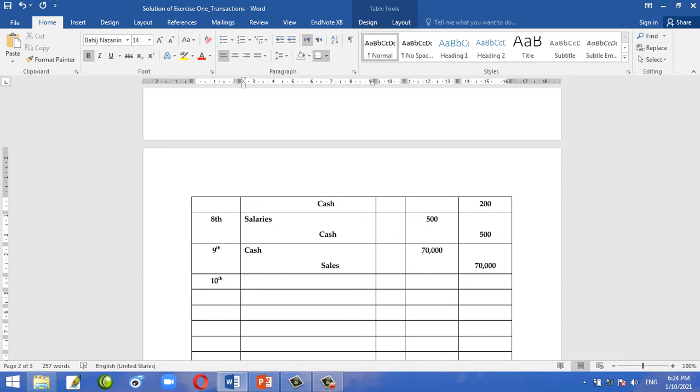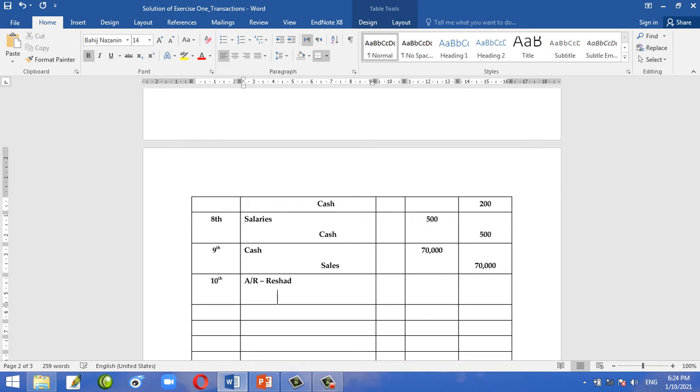So here we can record account receivable Rashad. We can write the name of the person, the purchaser, the buyer. Account receivable is an asset in the organization. When there is an increase in assets, we record it as a debit.